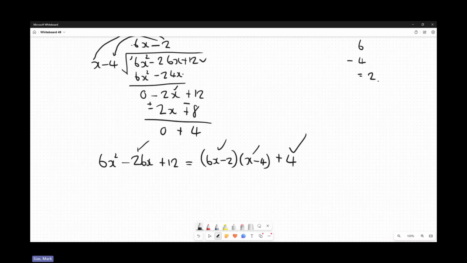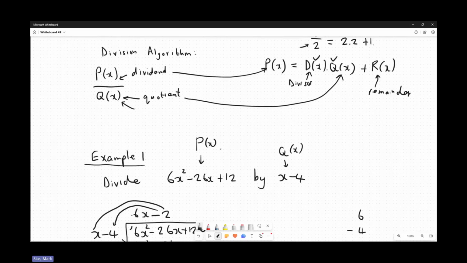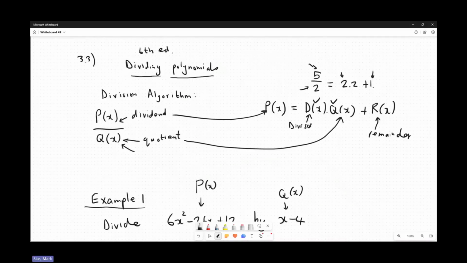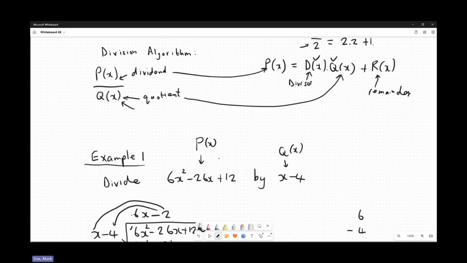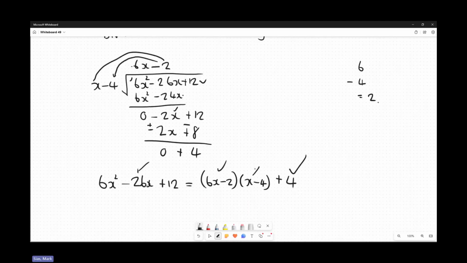Let me just check my naming here, guys. I don't want to make errors with the naming. So we can call this one the divisor. This one's the quotient. People, sometimes they use these interchangeably, but this is the divisor, this one is the quotient, this is the remainder.